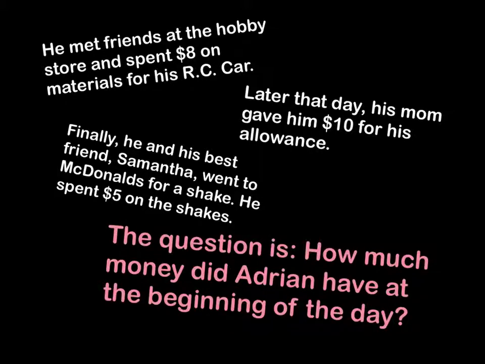And this is how you solve this problem totally and completely backwards. We start with the $12 that he had at the end of the day. That's backwards. That's the end of the day, what he had at the very end. And now we're going to work backwards, and we're going to subtract the very first amount of money he spent.